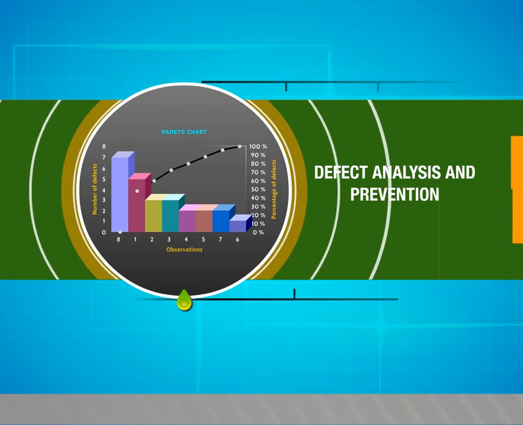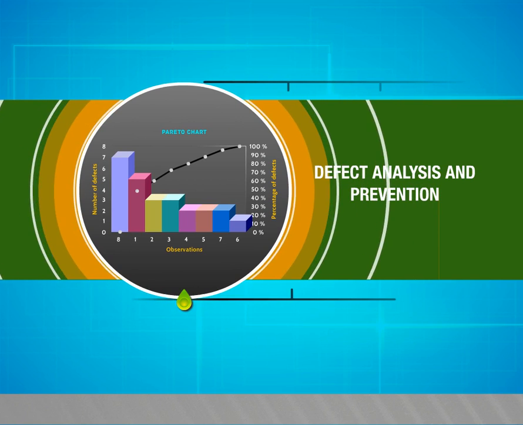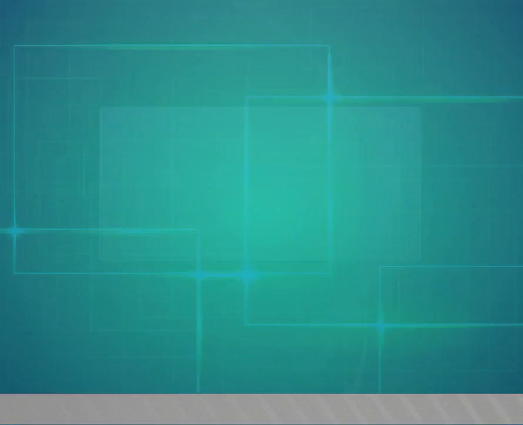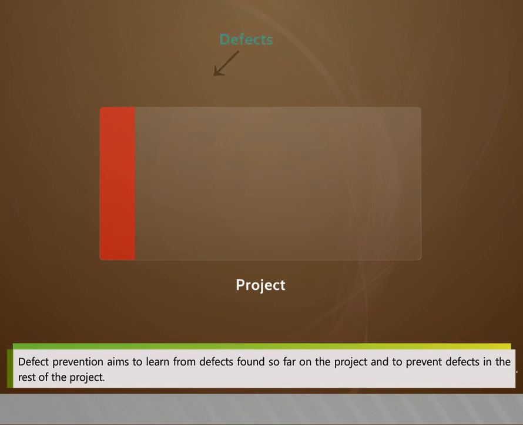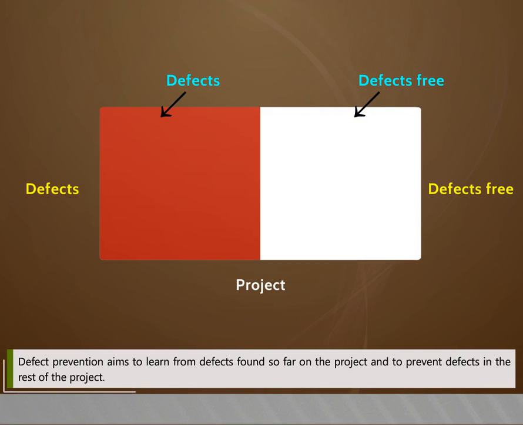Defect analysis and prevention. In this video, we are going to see about defect analysis and prevention. Defect prevention aims to learn from defects found so far on the project and to prevent defects in the rest of the project.